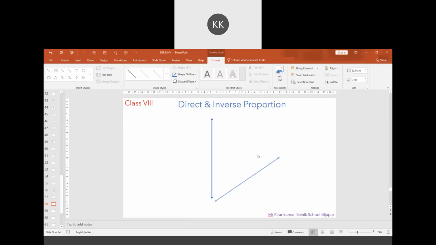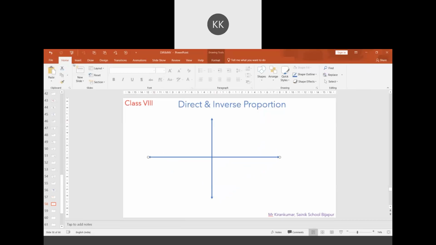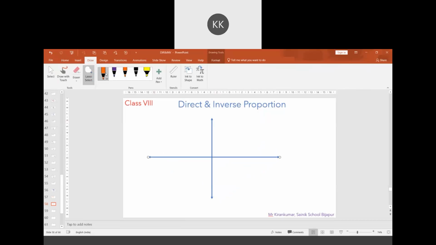These two lines intersect at a point. This point of intersection is referred to as origin, correct?